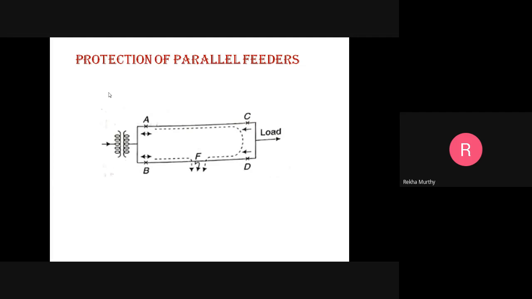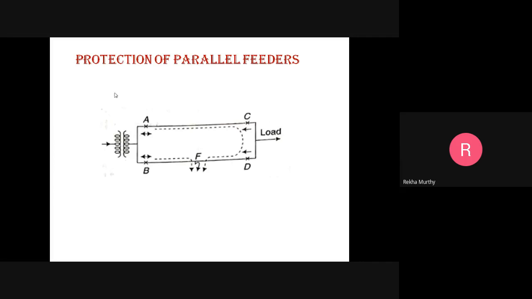This diagram shows the overcurrent protection scheme for parallel feeders. At the sending end of the feeders, at A and B, non-directional relays are required.